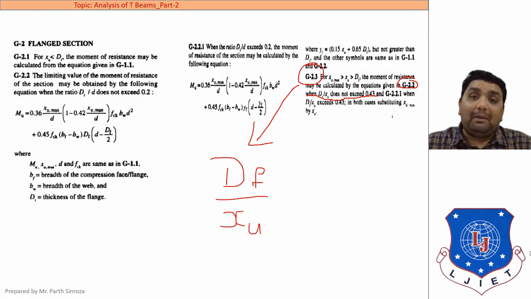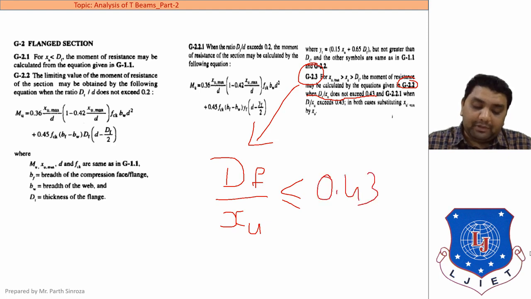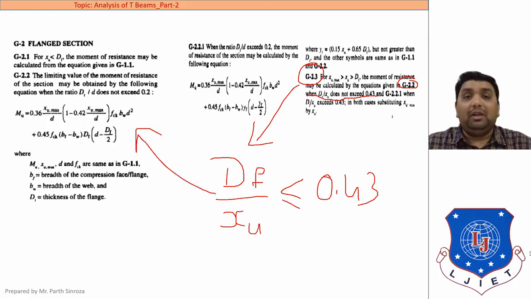So we will be relating this ratio DF by XU. If it does not exceed 0.43, that means if it is less than or equal to 0.43, we will be using this equation to find MU. Clear? If we get DF by XU less than or equal to 0.43, we will be using this equation to obtain our MU, that is the moment of resistance.